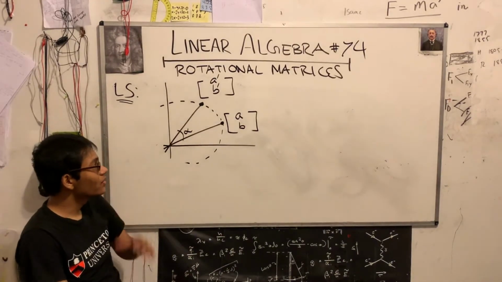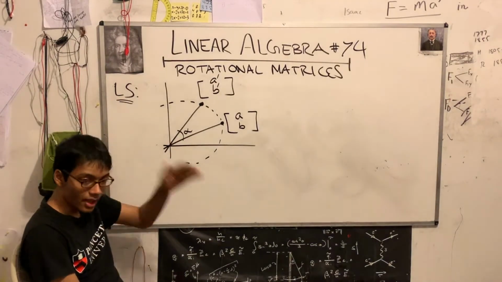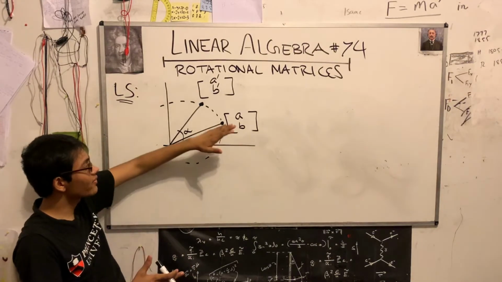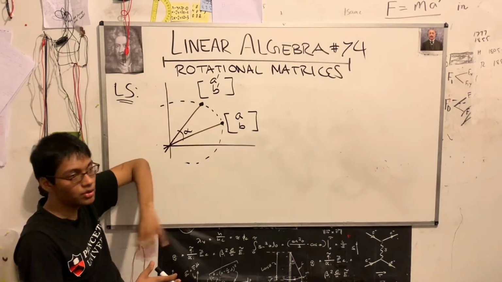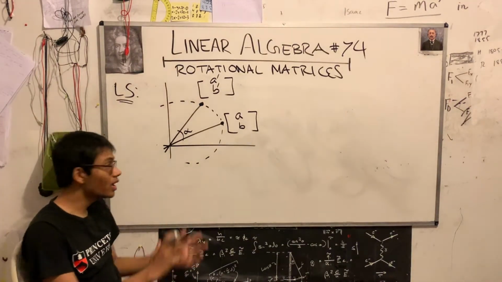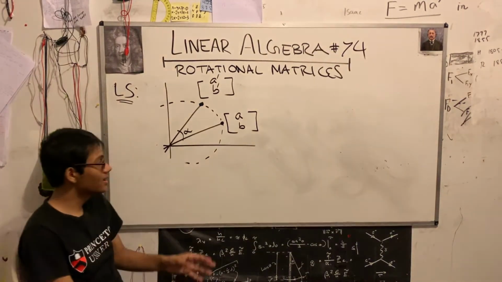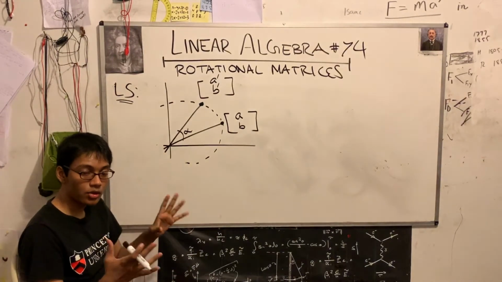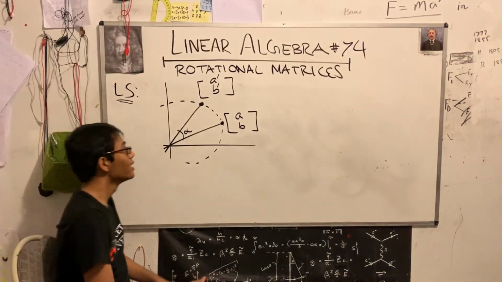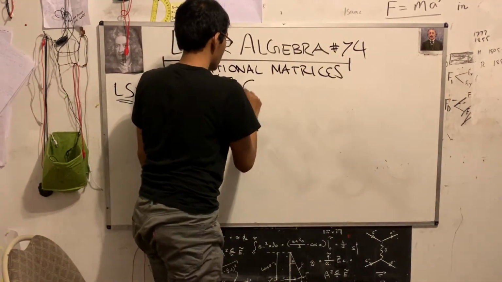So back to what I was saying, our goal is basically to derive a linear transformation that takes us from this vector AB to the second vector A prime B prime. So how do we get such a vector? Well, the first thing I'd like to do is go from my good old Cartesian coordinate plane to the polar coordinate plane. Okay? So first and foremost, let me write down my goal.